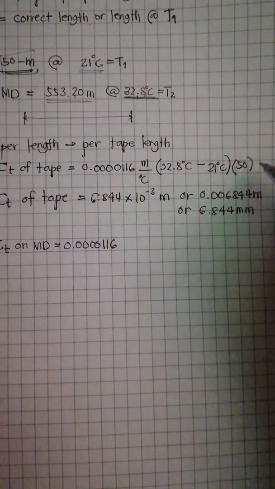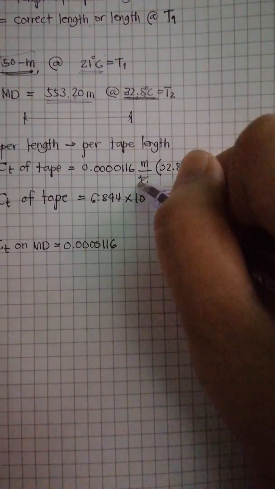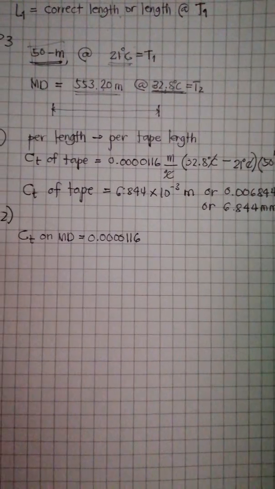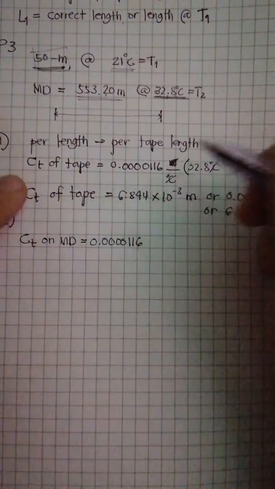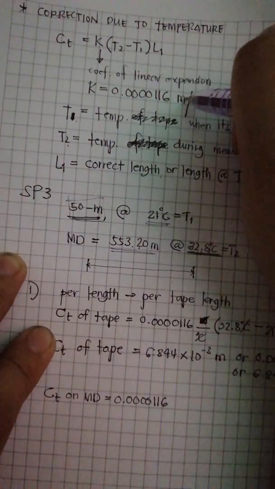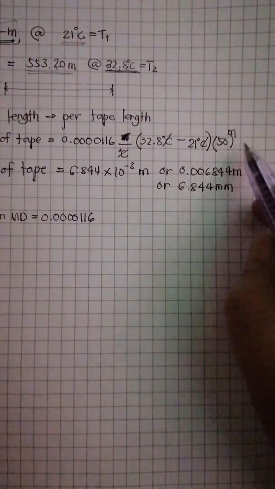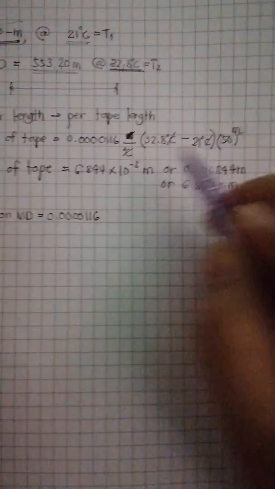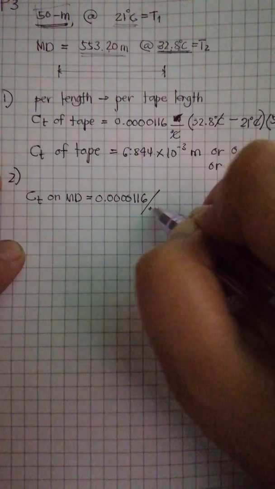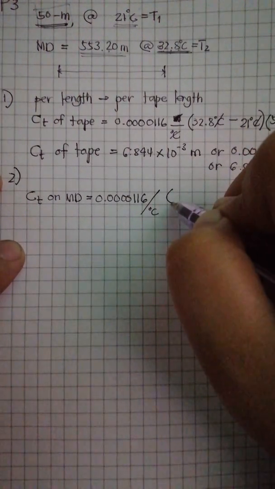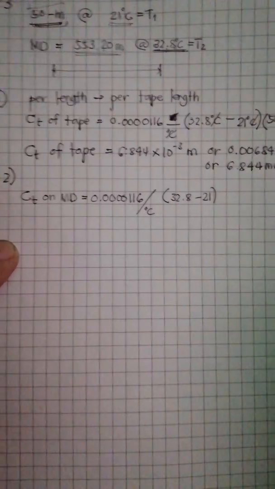By the way, the meters are removed, so it is not meters per degree Celsius, just per degree Celsius. Then again T2 is 32.8 and T1 is 21.